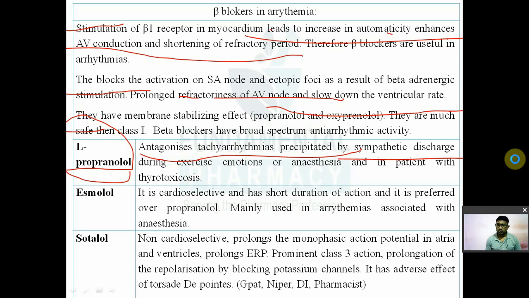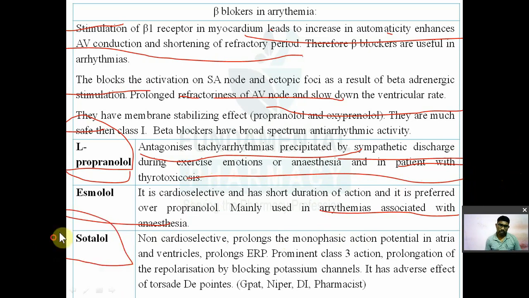It also decreases the tachyarrhythmia in case of exercise, emotion, anesthesia, and also the tachyarrhythmia induced by thyrotoxicosis, the increased thyroid level. Another drug is known as esmolol. It is a cardioselective beta blocker and has a very short duration of action. It is preferred over propranolol and mainly used in the arrhythmia associated with anesthesia.